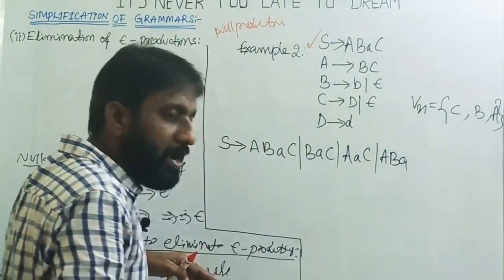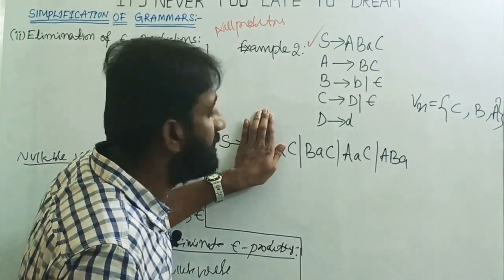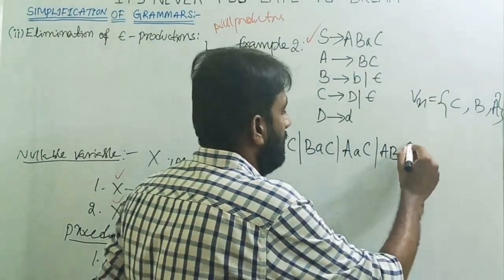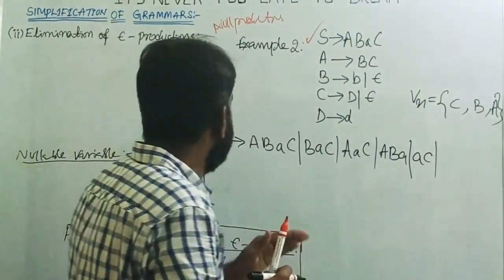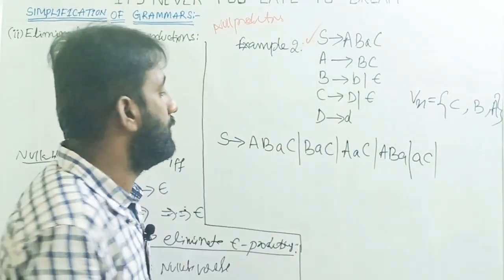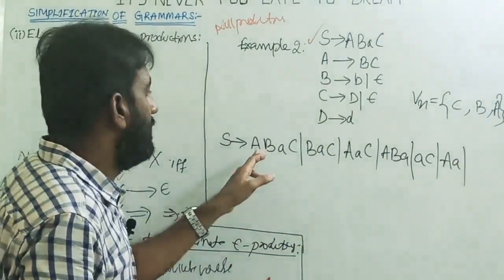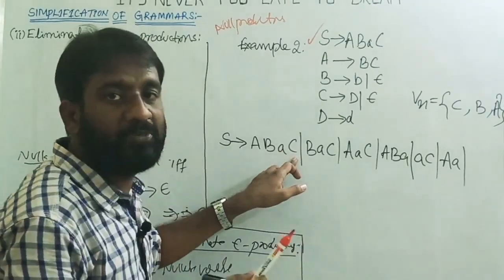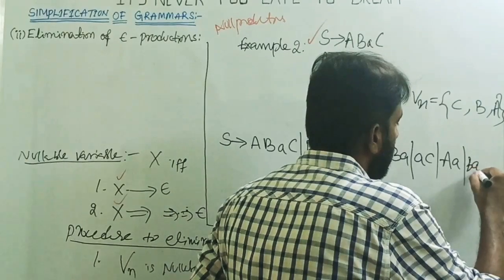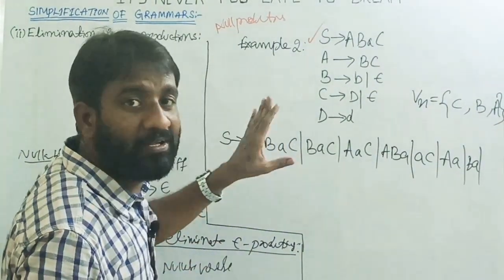I told you in the procedure, add all possible RHS combinations. So if I replace A and B at a time with epsilon, what is the result? C only. If I replace B and C with epsilon, what is the result? A only. If I replace A with epsilon, C with epsilon at a time, the result is B only. If I replace A, B, C all with epsilon, what is the result? Epsilon, which we don't add.